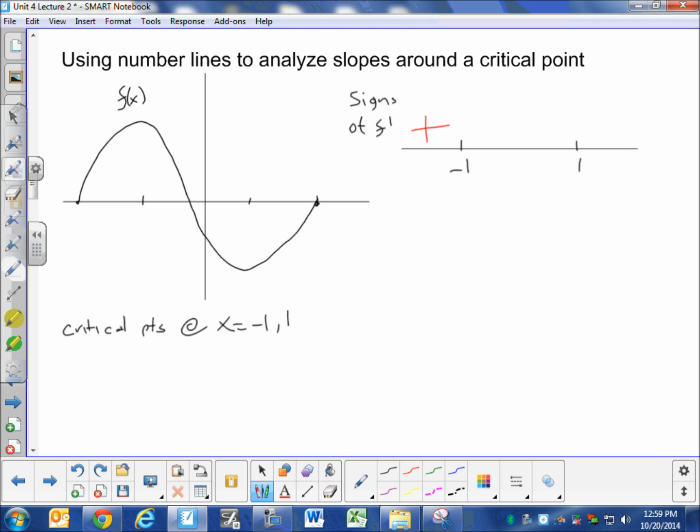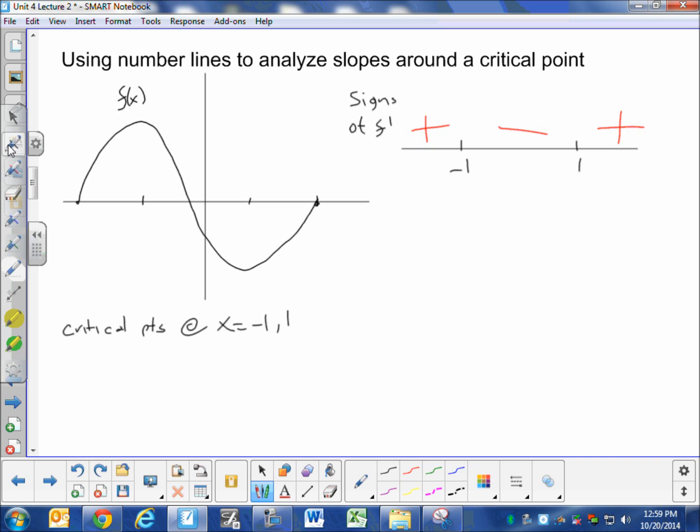Between -1 and 1, all of these tangent slopes were negative, because you can sketch them and see. And then past 1, we said that all the tangent slopes are positive, right?